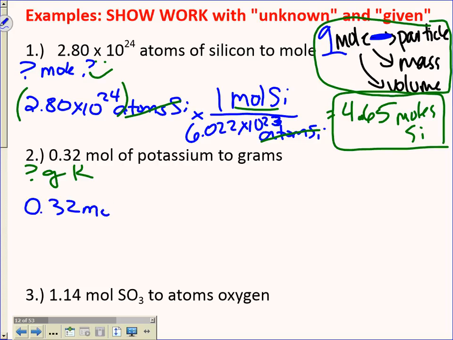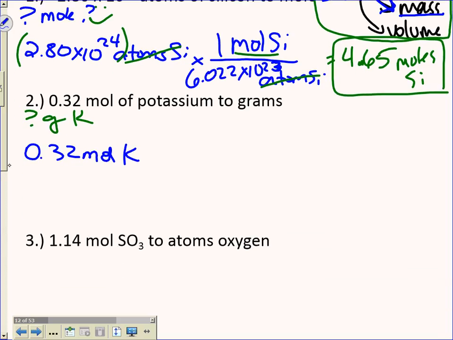0.32 moles of potassium. Okay, we're looking at moles right now. We see grams as our final destination. Is there a direct relationship between mole and gram? There is. What is it? Yeah, the mole equals whatever the mass is of that compound that we're looking for. So where would I find that information? Periodic table. Okay, so let's go ahead and set up our fraction first.